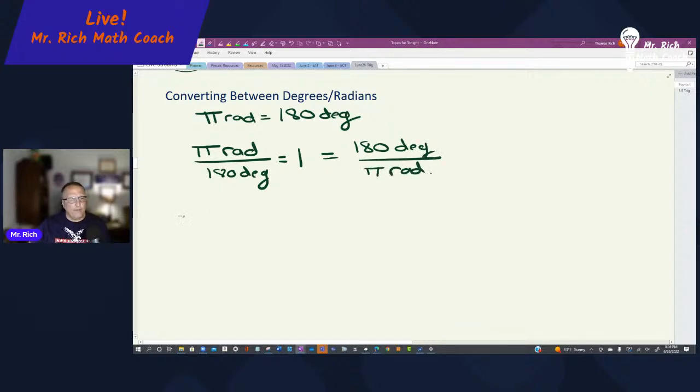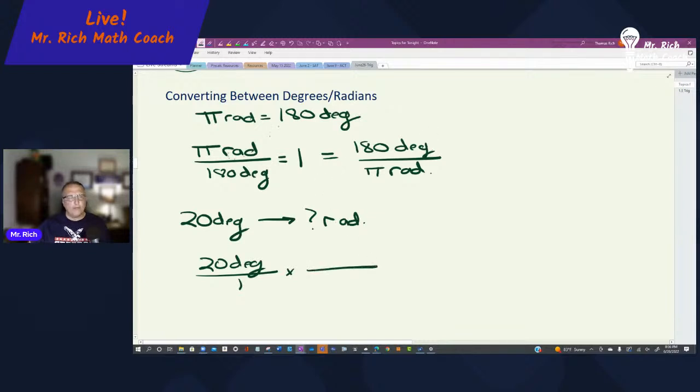So if I were looking at some non-standard angles, let's just suppose we were looking at 20 degrees, and I wanted to convert 20 degrees into an equivalent number of radians. What I do is take 20 degrees over 1 and multiply it by this ratio. The ratio that I'm going to use is this one because I want to cancel the degrees, so I want to put pi radians over 180 degrees.